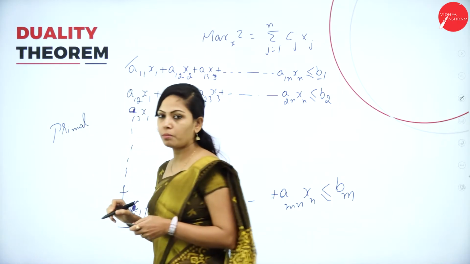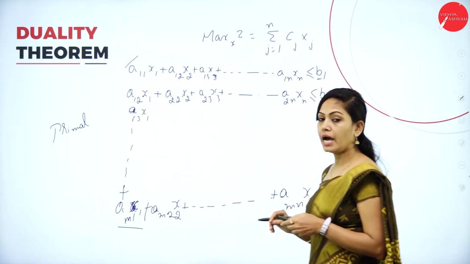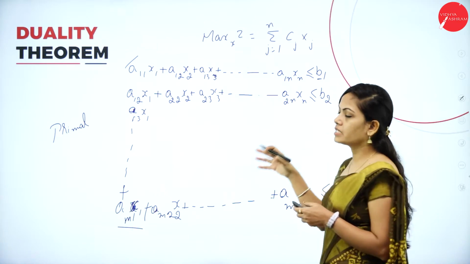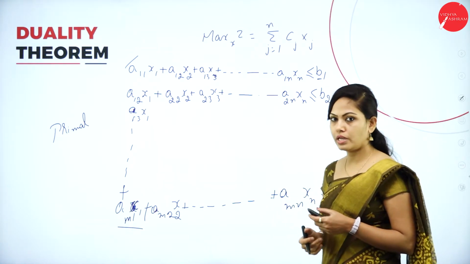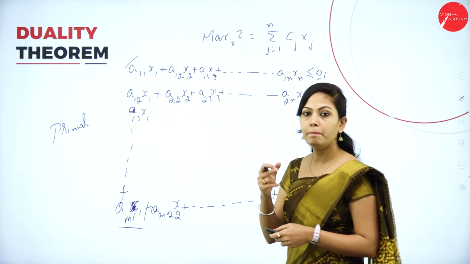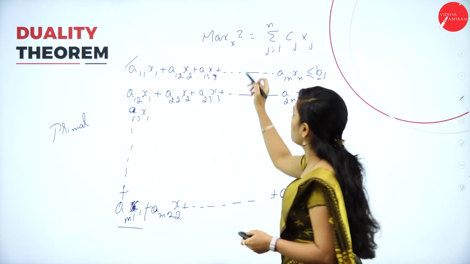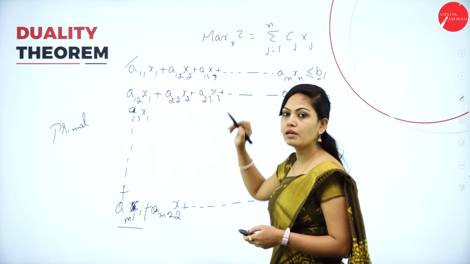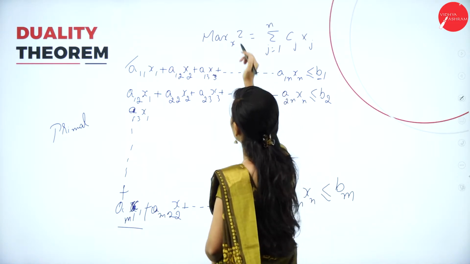So original problem is primal problem, and how do you convert this primal to dual? Dual of this problem is max z changes to min zy. So what is the dual of this problem?